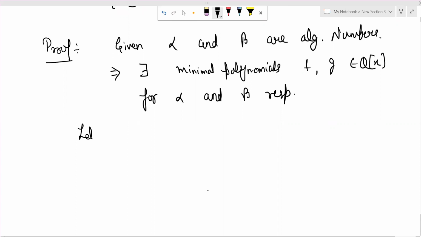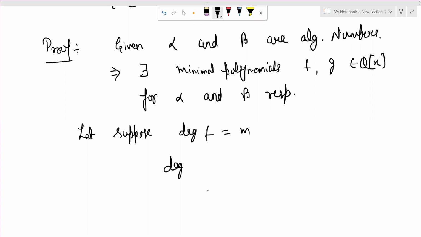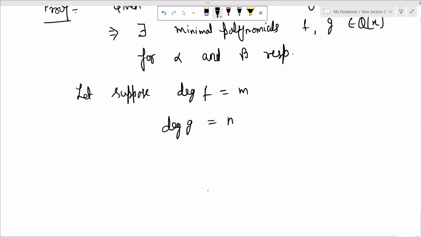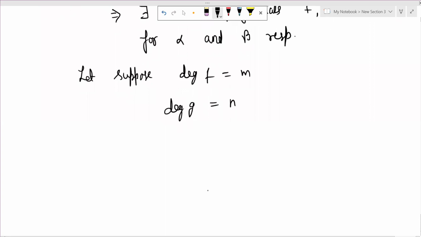Let's suppose degree of f equals m, degree of g equals n. Now since f and g are minimal polynomials, they are irreducible.